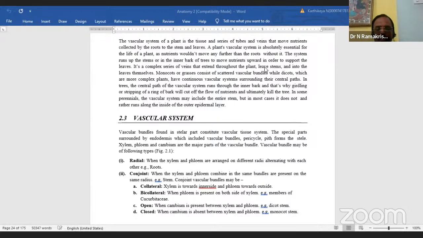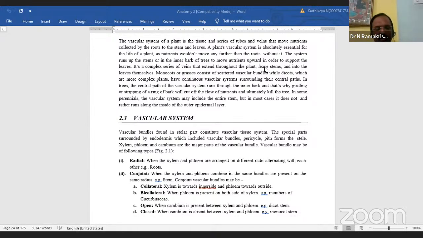Next, in other plants the vascular bundles are scattered in the well-defined center part, the pith. Such bundles are called medullary bundles. An example is Mirabilis jalapa, the four o'clock plant, where we see this type of vascular bundles.